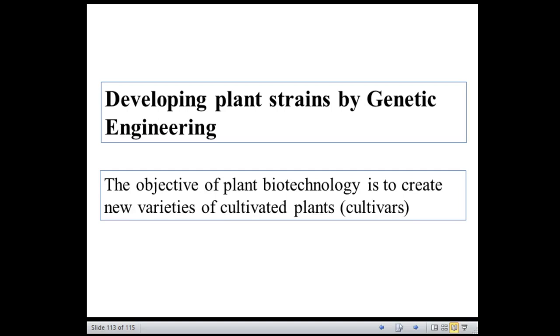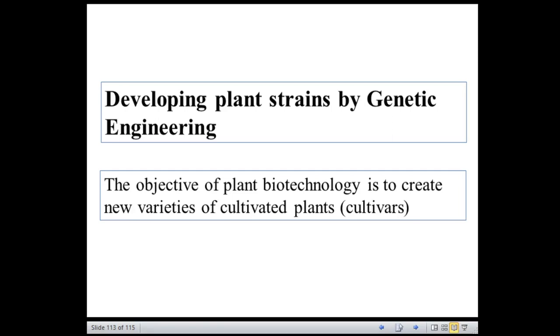And some of the work has gone into manipulating the biochemical pathway of flower pigmentation, modifying plant products, and using plants as bioreactors. So it is not only about conferring resistance to plants against insects, viruses, or herbicides, but much more than that.